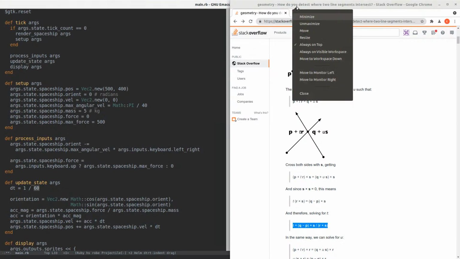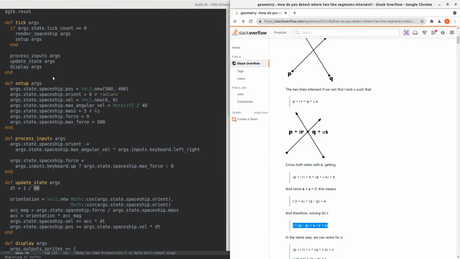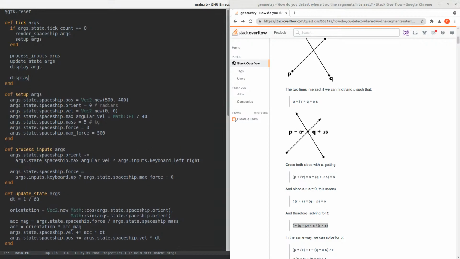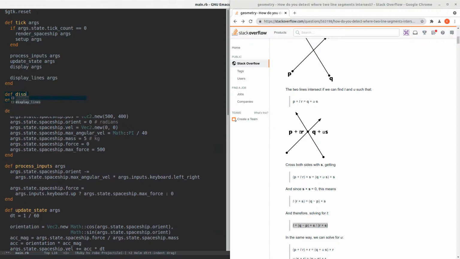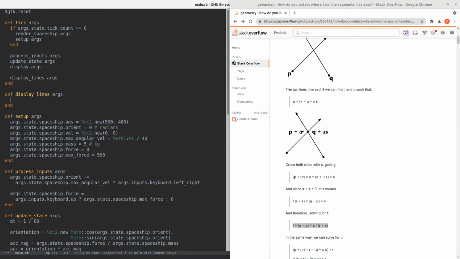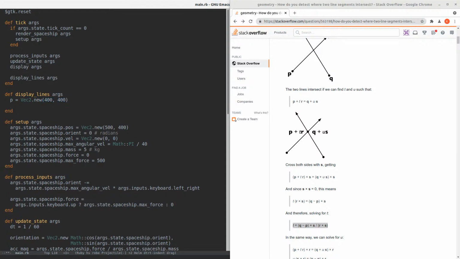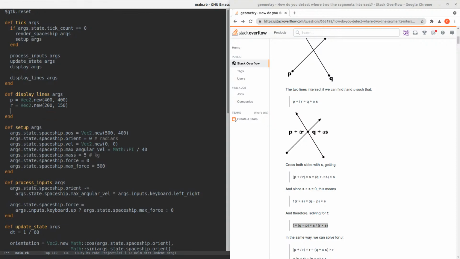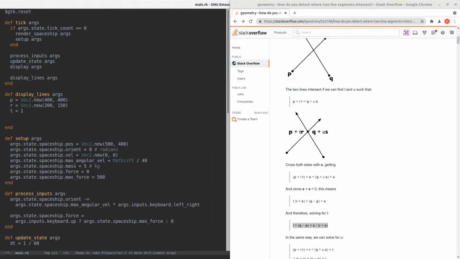So let's see. We'll just do display lines args, and we'll delete that in a sec. And so we'll have our P equals vec2.new, and we'll put this at 400, 400. And we'll have an R equal to vec2.new, and we'll make this line 200 by 150, for example. And so why don't we first look at that, and then we'll also add a T of 1.